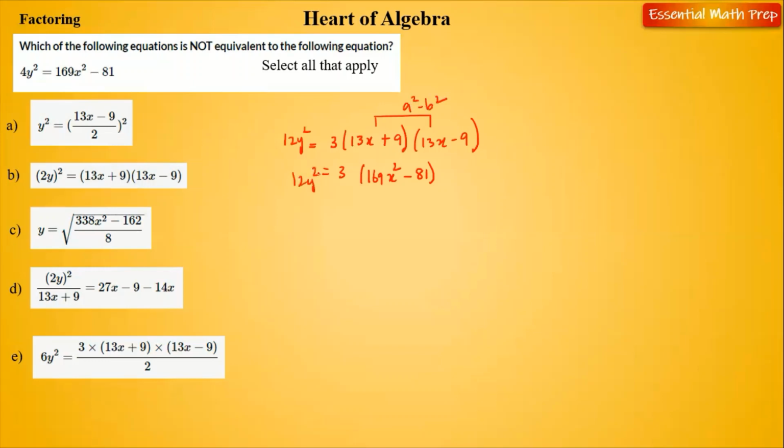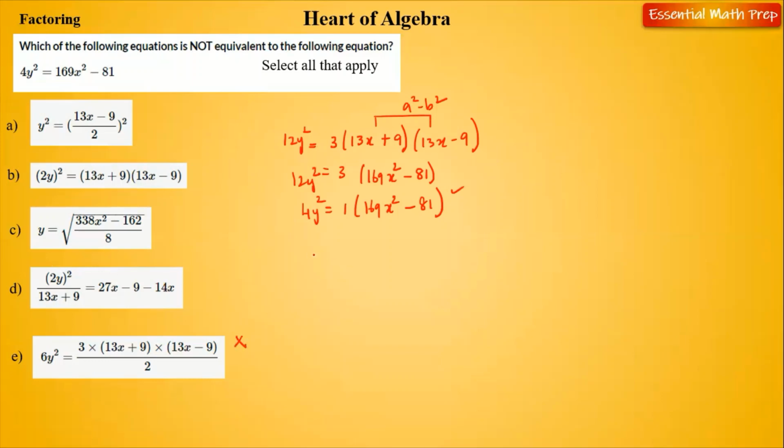You do not actually have to multiply the 3 in because we're going to get rid of it really quick. Now, what if you multiply 3 on both sides? That means we end up with 4y squared equals 1 times 169x squared minus 81, right? And that's exactly what the expression is. So this will return the original expression.